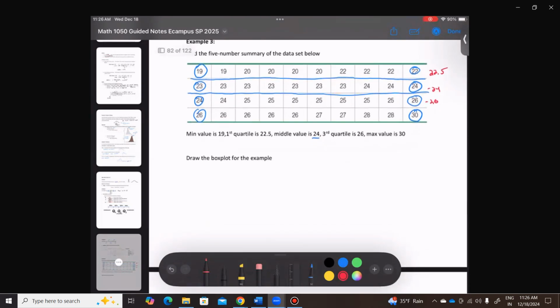Alright, so we can draw this out. We'll first make a horizontal axis here. 19, 20, 21, 22, 23, 24, 25, 26, 27, 28, 29, 30.